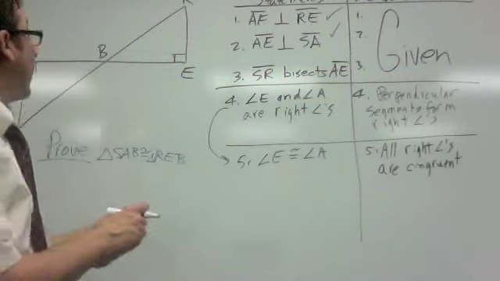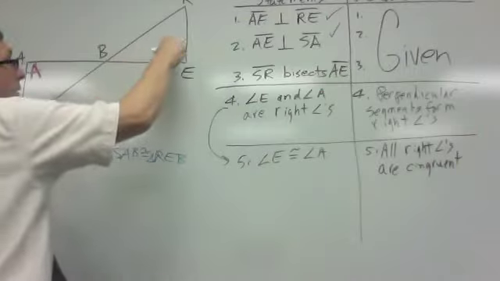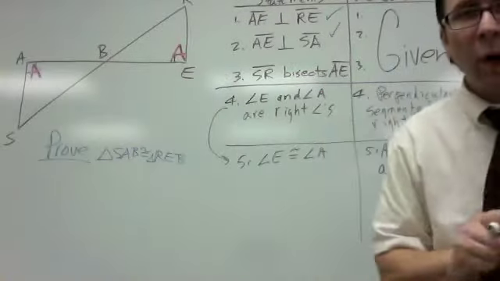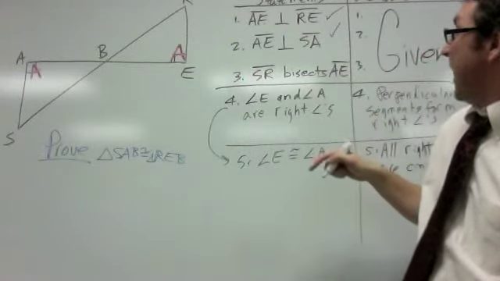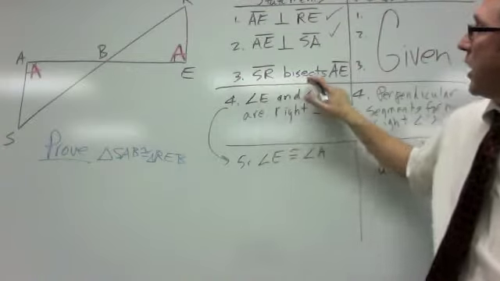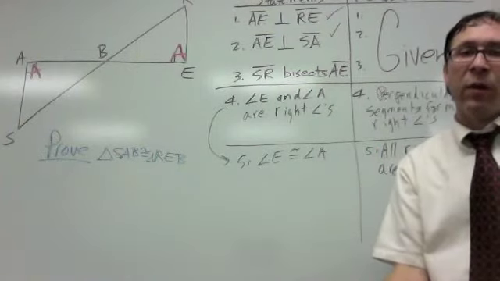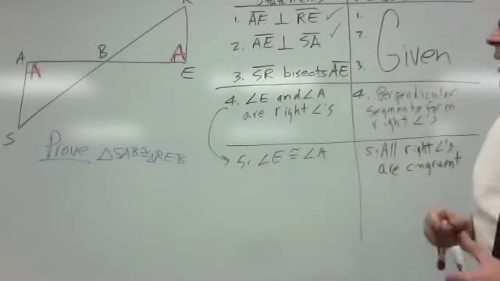Okay, I've got that marked on my picture, so I've got two angles that match up. That's a start. I still haven't spent all my money because there's one more given that they're providing me with. That SR bisects AE. When you're dealing with bisectors, you should know that bisectors cut things in half. And this is a segment cutting another segment in half.